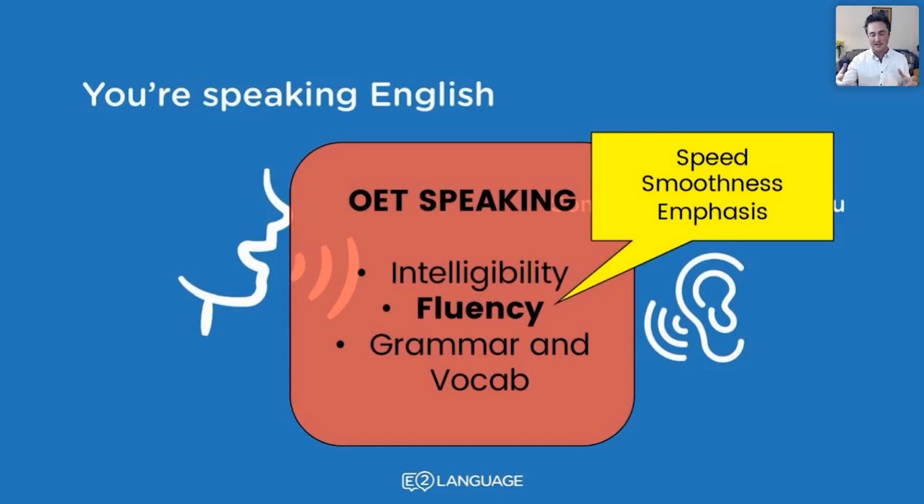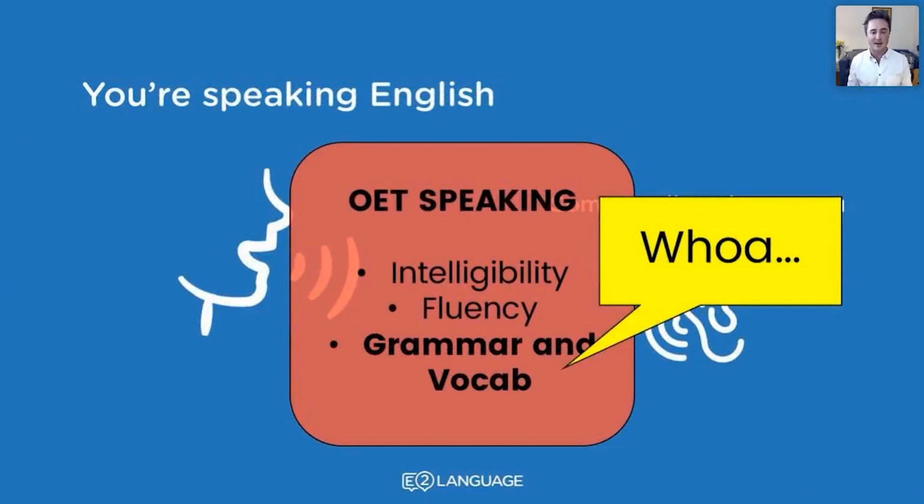Emphasis can be at the word level as well as in a sentence, if you want to place a specific emphasis on a particular word. And I'm just going to totally avoid grammar and vocabulary because that's an unbelievably complex area. So I guess what I want to say here is when you are preparing for your OET and OET speaking, there are a number of things that you need to be conscious of, okay, in order to improve your speaking.